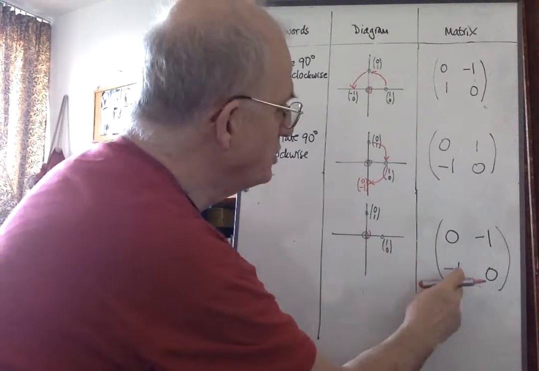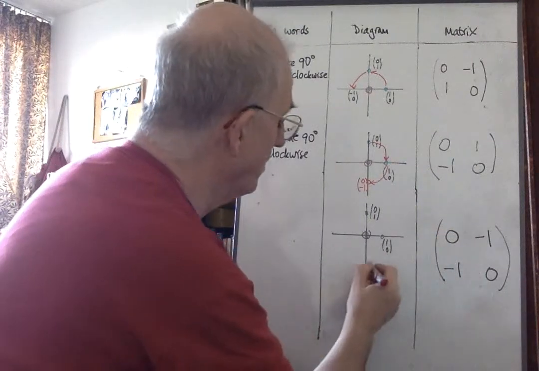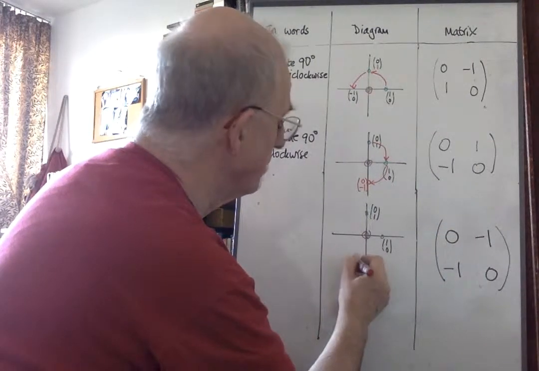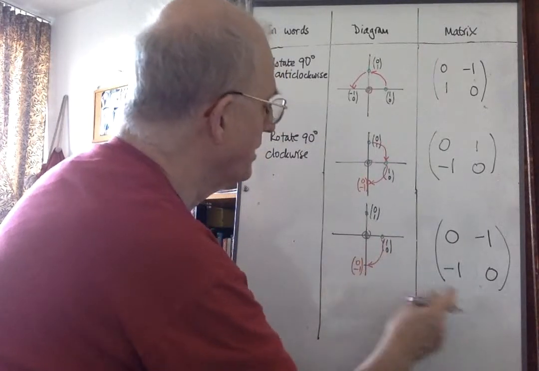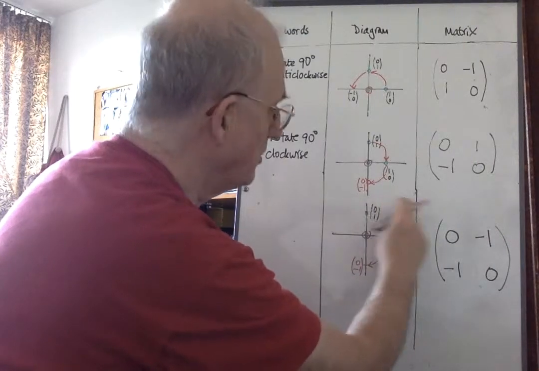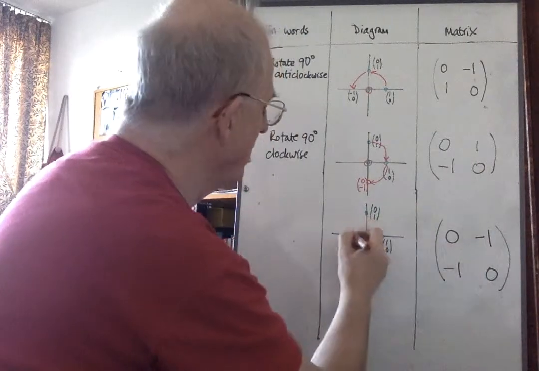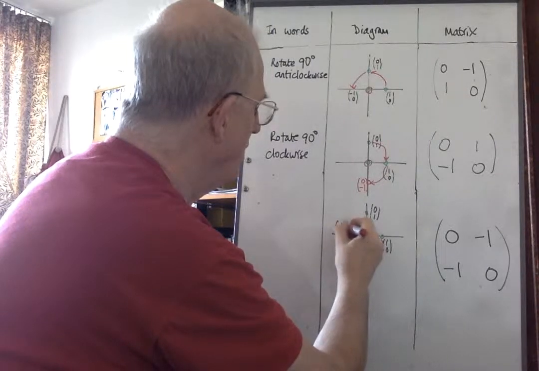This point goes to the point described by the first column. So it goes to (-0, -1), which is there. So that goes to there. This point here goes to the point described by the second column. So that goes to (-1, 0).